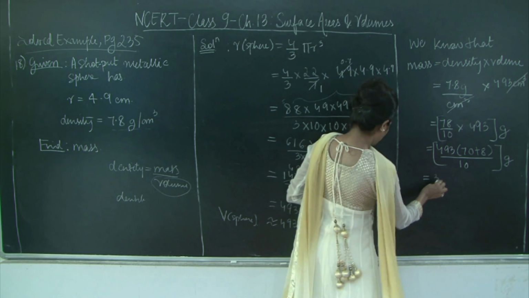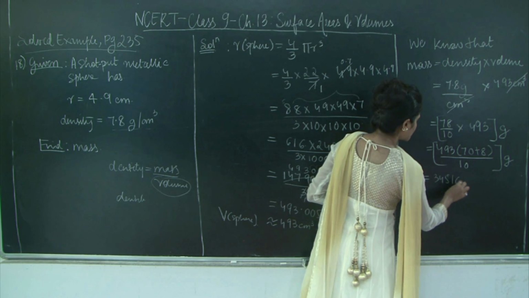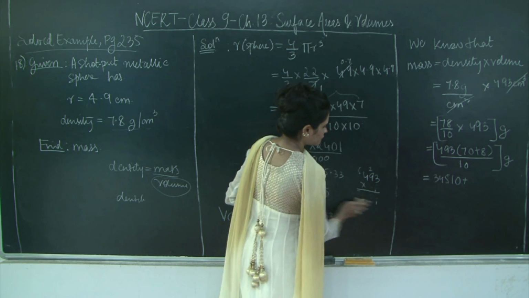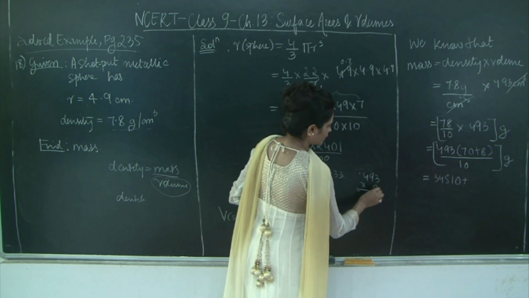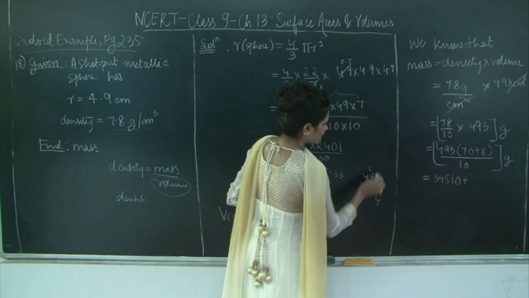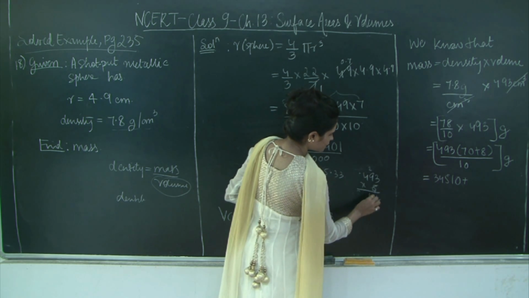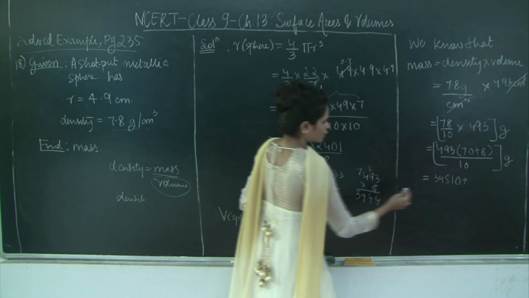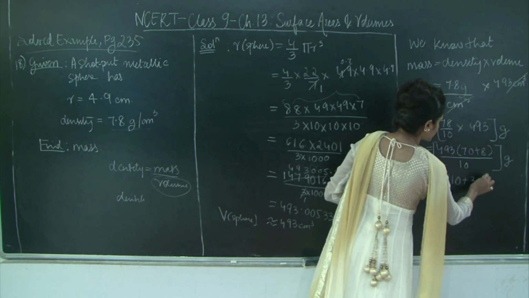So 34510 plus, now 493 into 8: 8 3s are 24, 8 9s are 72 plus 2, 74, 8 4s are 32, 32 plus 7 is 39. So 3944.